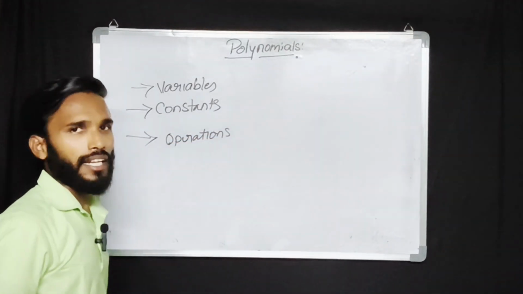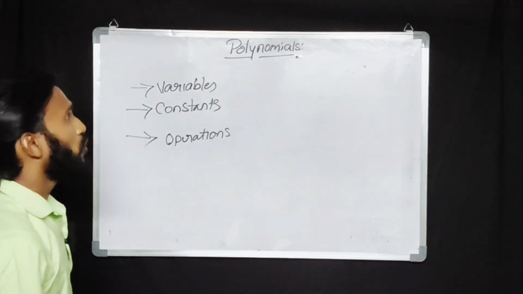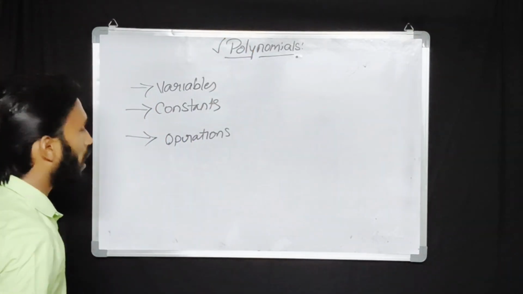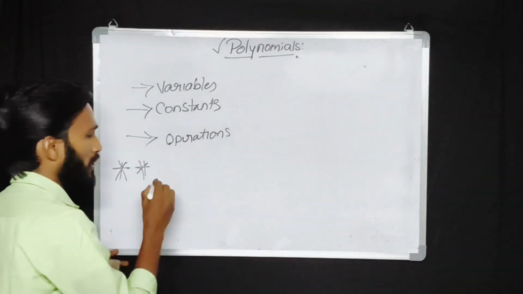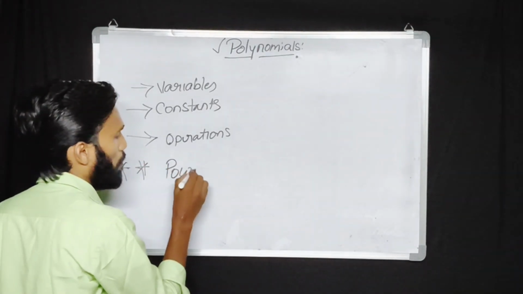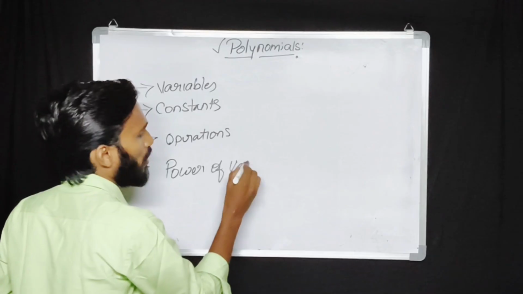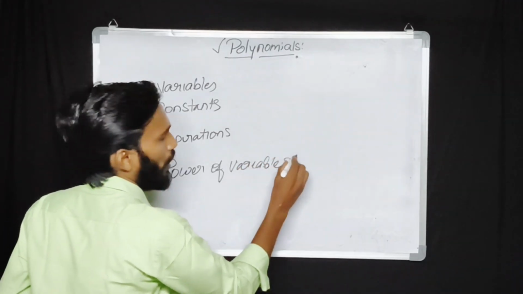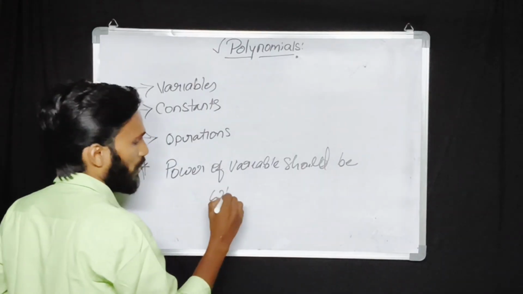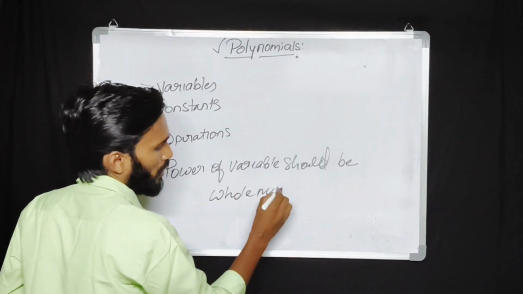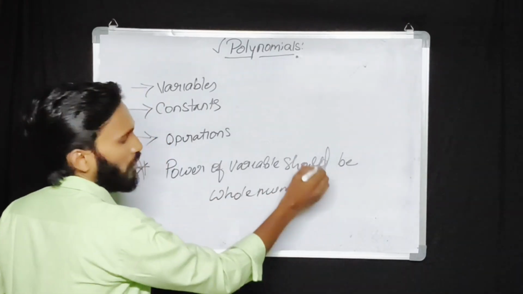These are common for an expression, but to check whether it is a polynomial or not, the most important criterion is that the power of the variable should be a whole number.